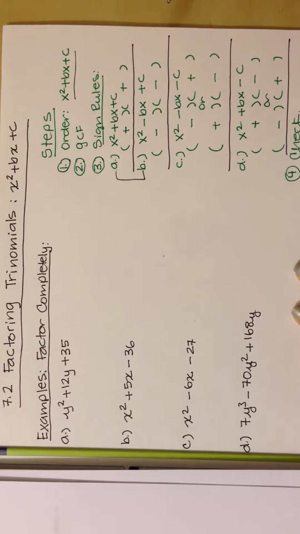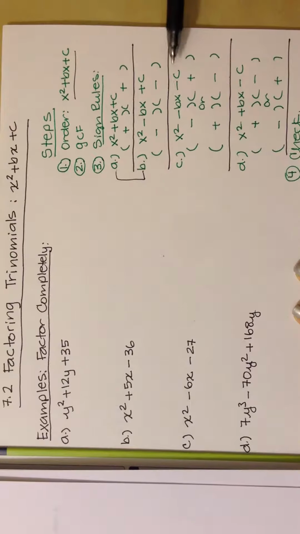To figure out the sign, look at the last term. If that last term is positive, as in A or B, then you have to have the same sign, plus plus or minus minus. It's both positive if your problem has all positives, and we have 2 negatives if the second term is negative.